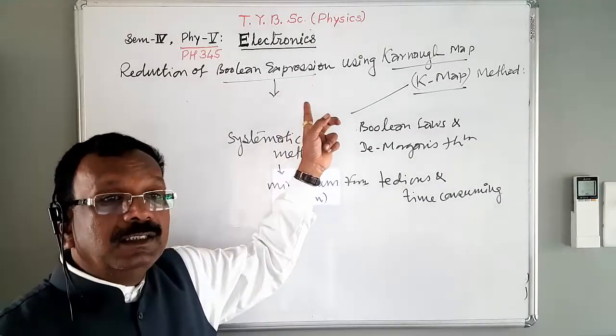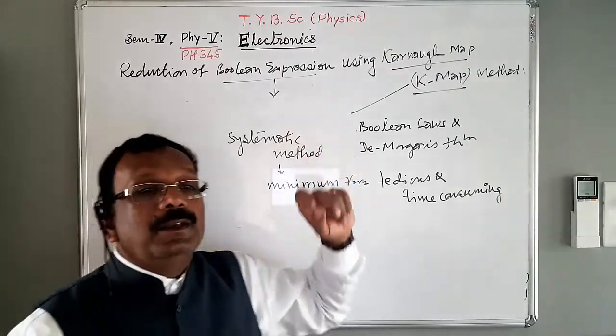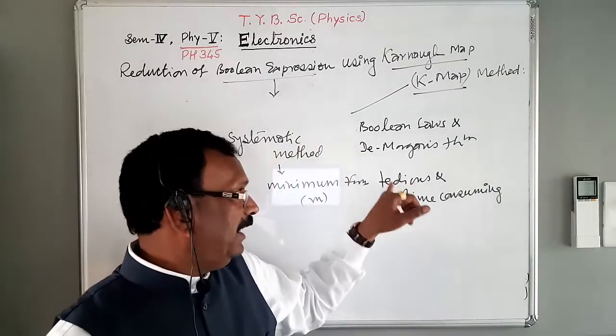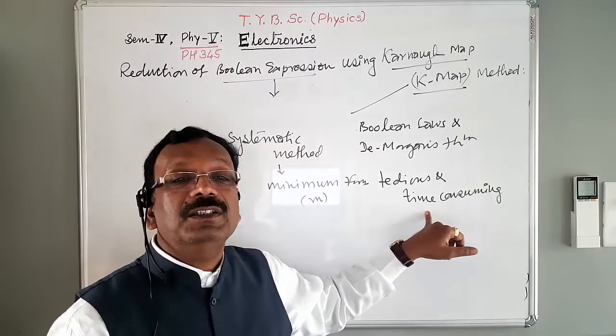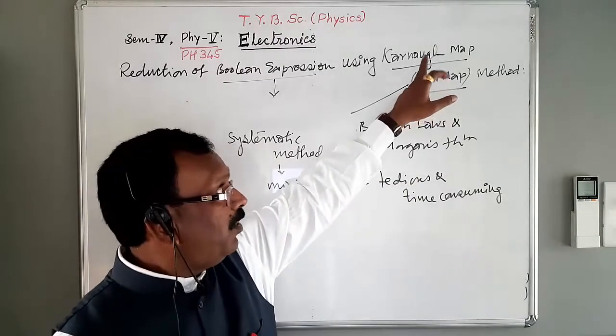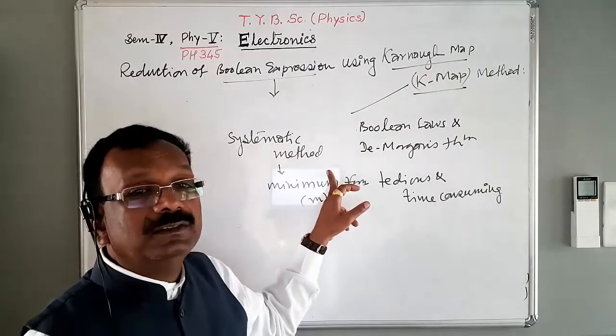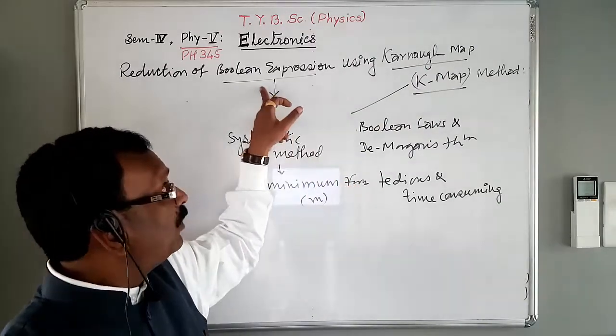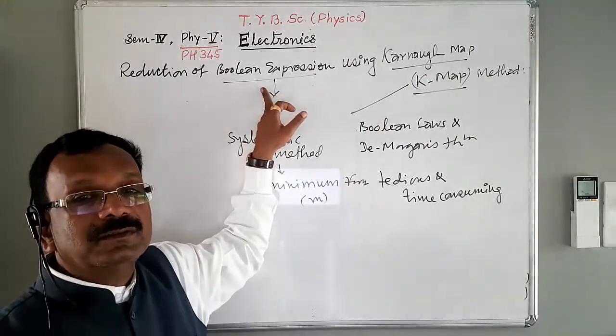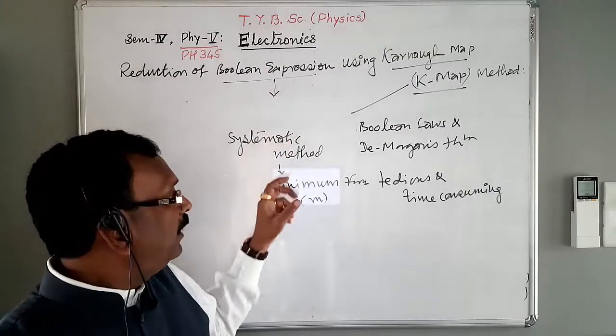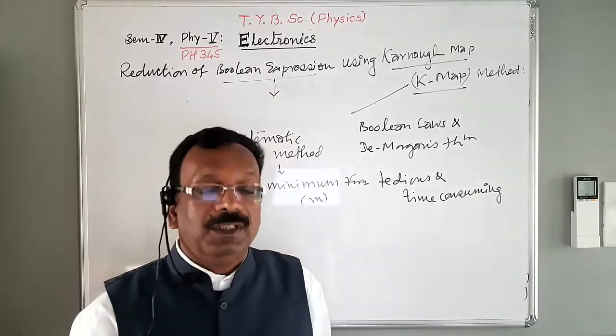But this simplification process is very tedious and time consuming. So the Karnaugh map provides a systematic method for simplification of the Boolean expression to its minimum form.